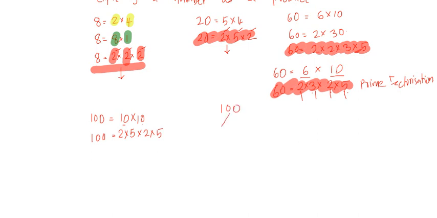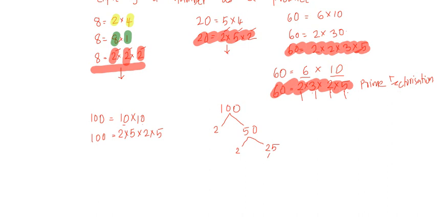In 100, is there any prime number you can divide with? It's an even number, so 2 will go. How many times? Yes, 50 times. In 50, is there any number we can divide with? Yes, we can divide 50 by 2. Again I get the answer 25, since 25 times 2 is 50.